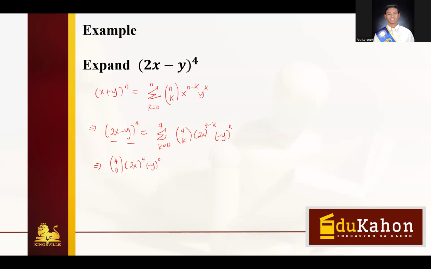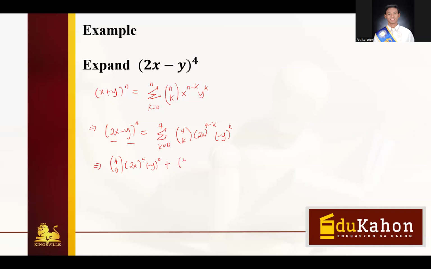So, n and k will be equal to your exponents from your first term to your second term. For your first term here, from your binomial, 4 is the exponent of your first term, and 0 is the exponent of your second term. So we need to add them because this is in the concept of summation.